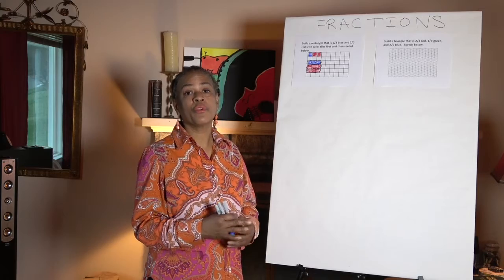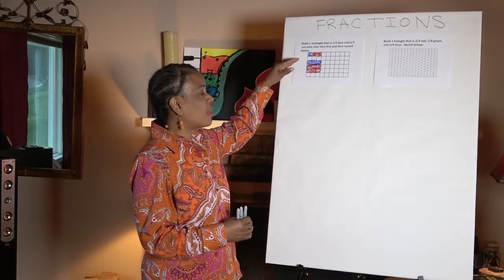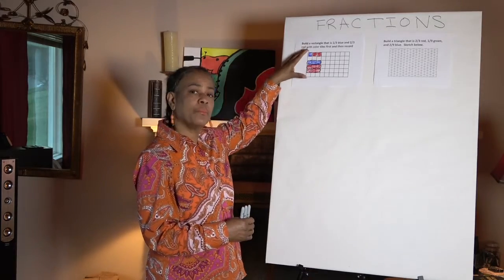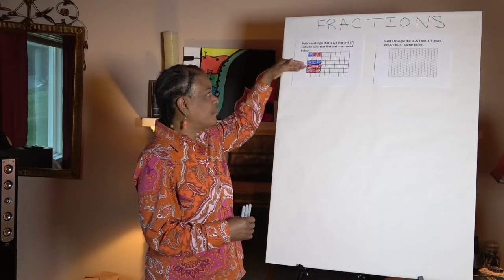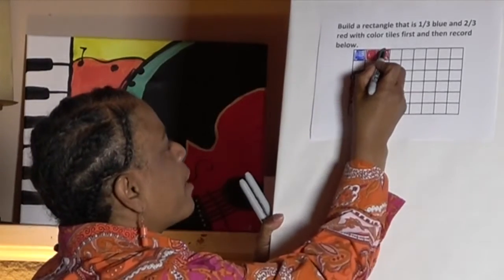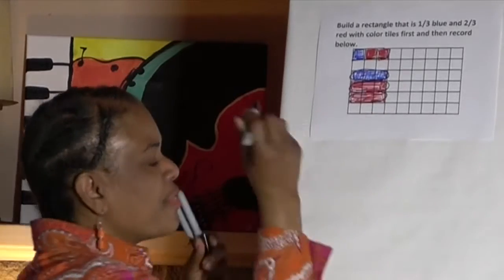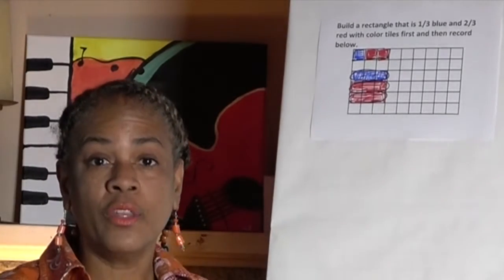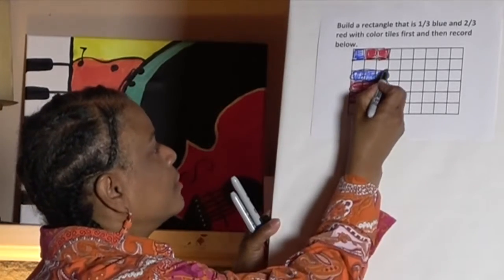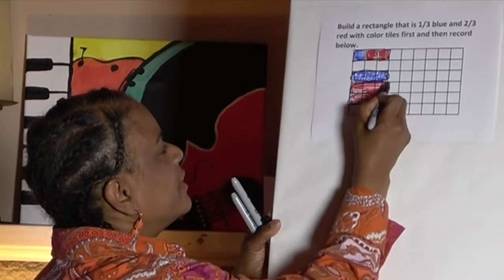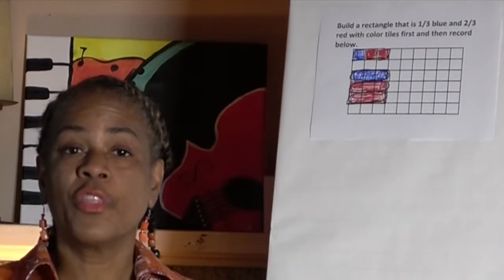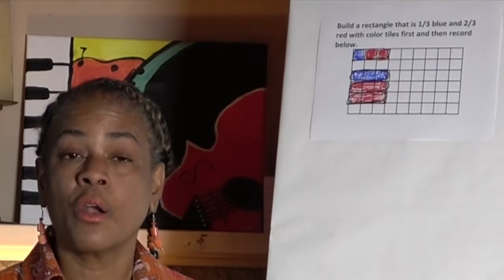Now, if they're in 3rd or 4th grade, you might begin to talk about equivalent fractions and show that although I don't have the same number of pieces, for that one whole, this is my one whole. This is my whole rectangle. For that one whole, 1/3 is blue and 2/3 is red. For this one whole, this is my rectangle. Even though it's a square, it's still a rectangle. For that one whole, 1/3 is blue and 2/3 are red.